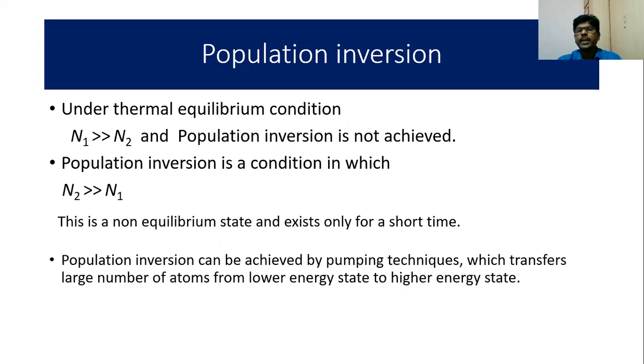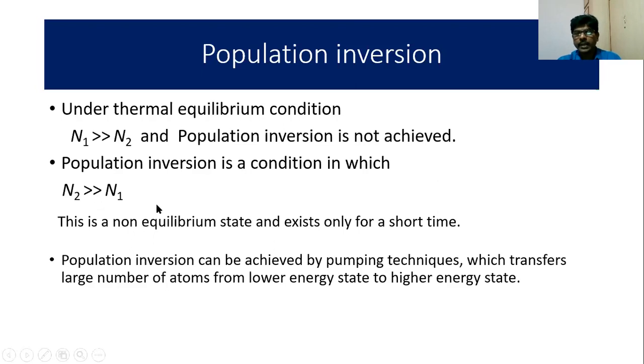Under thermal equilibrium condition, N1 is very much greater than N2. That is, the number of particles in the lower energy state is very much greater than the number of particles in the higher energy state, and hence population inversion is not achieved. Population inversion is a condition in which N2 is very much greater than N1.